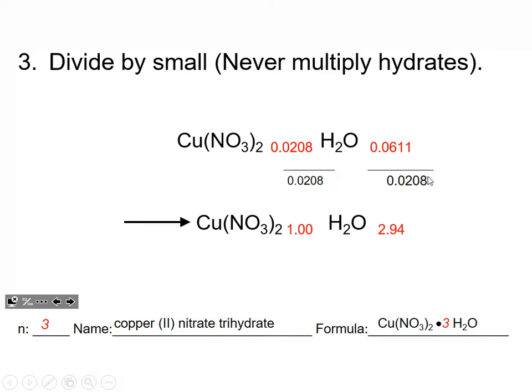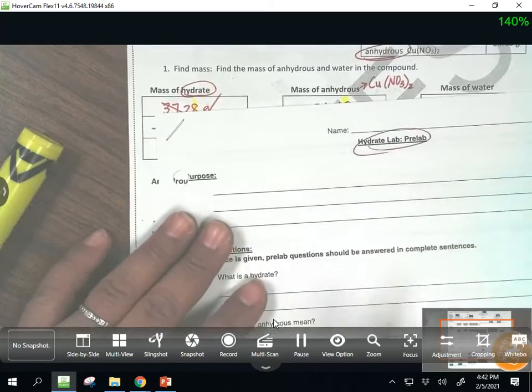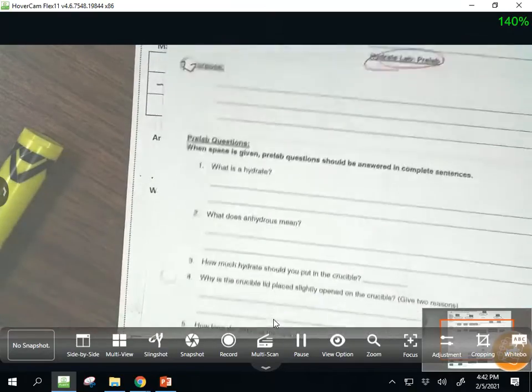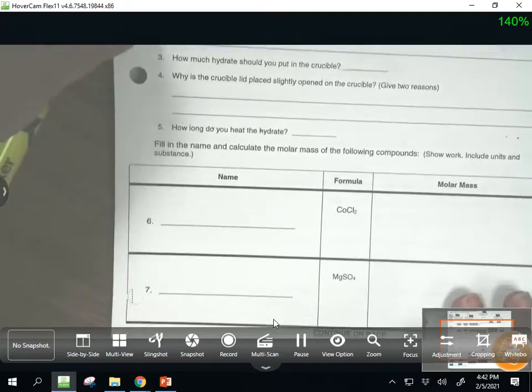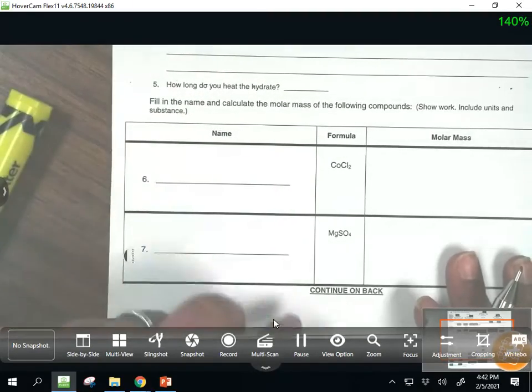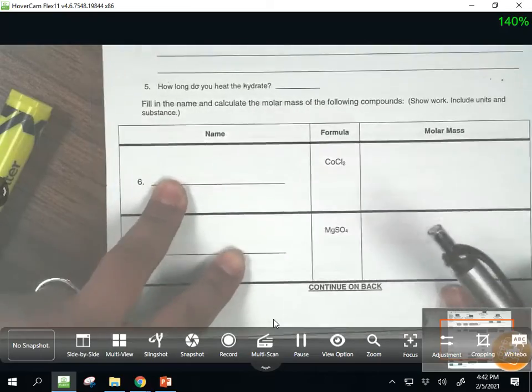Okay. You want to look at Google Classroom for your homework. You are going to be doing the pre-lab. So I want to show you what the pre-lab looks like. This is the pre-lab here. You're going to fill out your purpose. You're going to make sure that you have your pre-lab questions filled out, and you're going to give me the names of these and then figure out the molar masses.